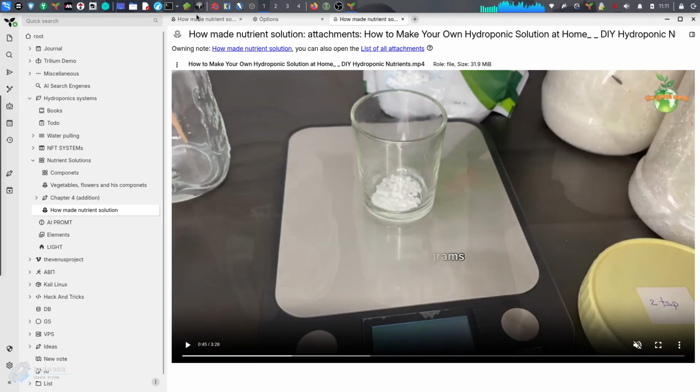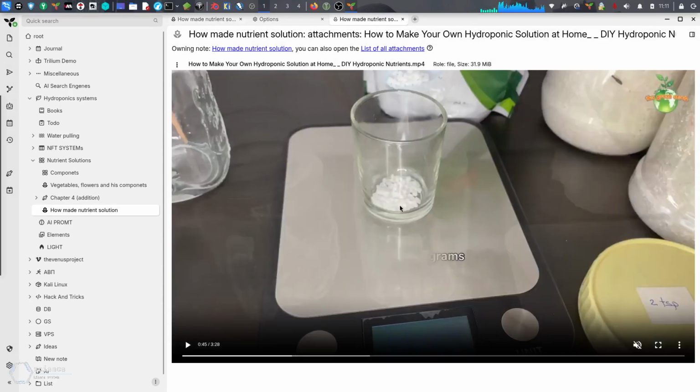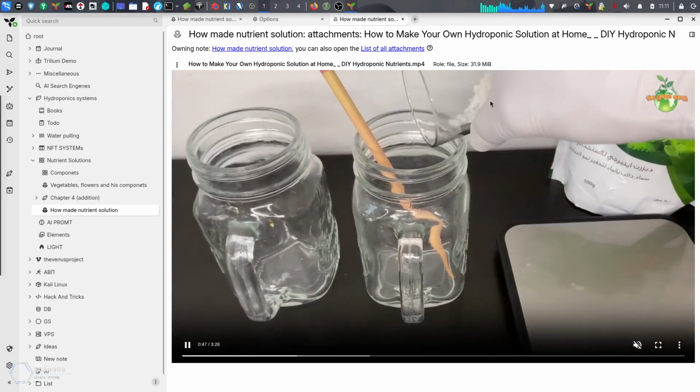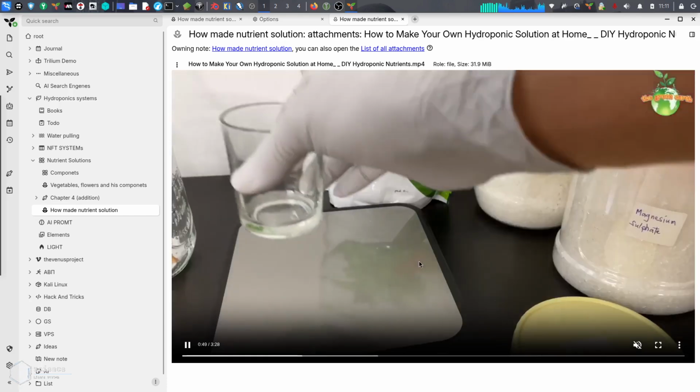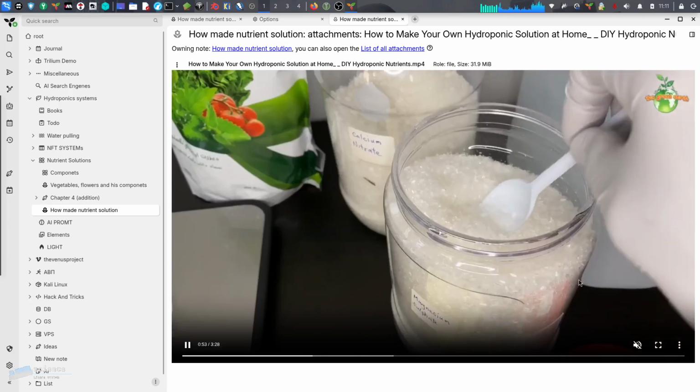I say this makes a ChatGPT table. And this can be different. And I think different plants need different grams of calcium nitrate. Calcium nitrate is just this mineral. Here's a mix, magnesium sulfate.